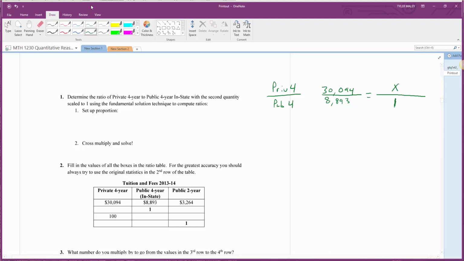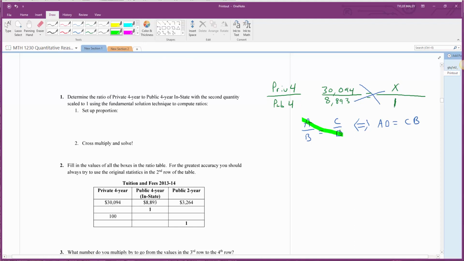So now to solve this, we can cross multiply. If we make a big X, we can cross multiply. In other words, I'm multiplying both sides by the left-hand denominator and then both sides by the right-hand denominator. So if we have A over B equals C over D, then this also means that A times D equals C times B. So we cross multiply.